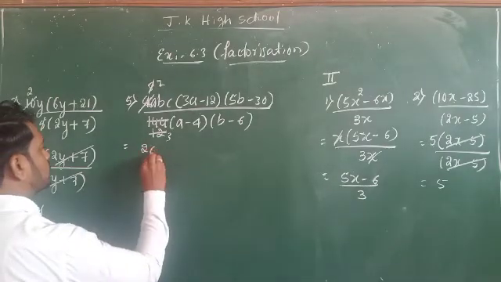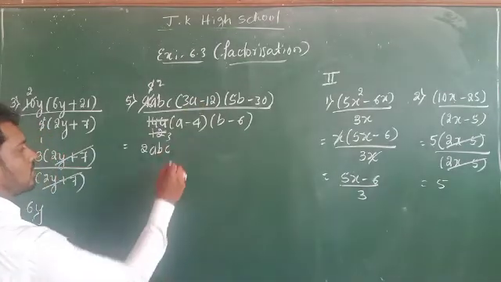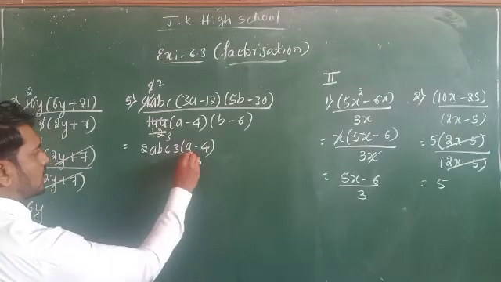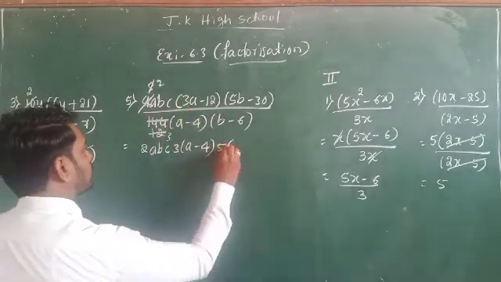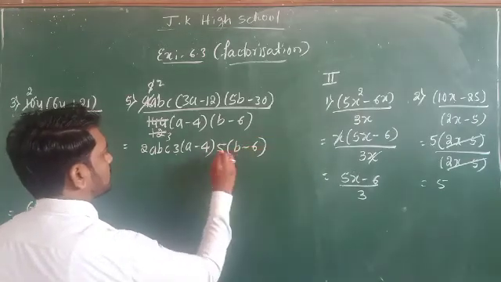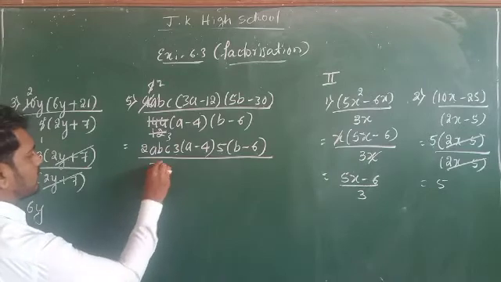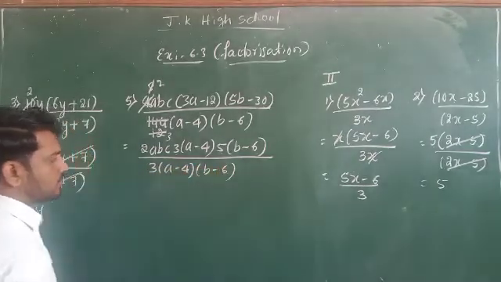The numerator is 2abc. Now think about these two terms. Take 3 common, a minus 4, because 3 into a is 3a, 3 fours are 12. Here we take 5 common, b minus 6, 5 sixes are 30. Whole divided by 3 into a minus 4, then b minus 6.